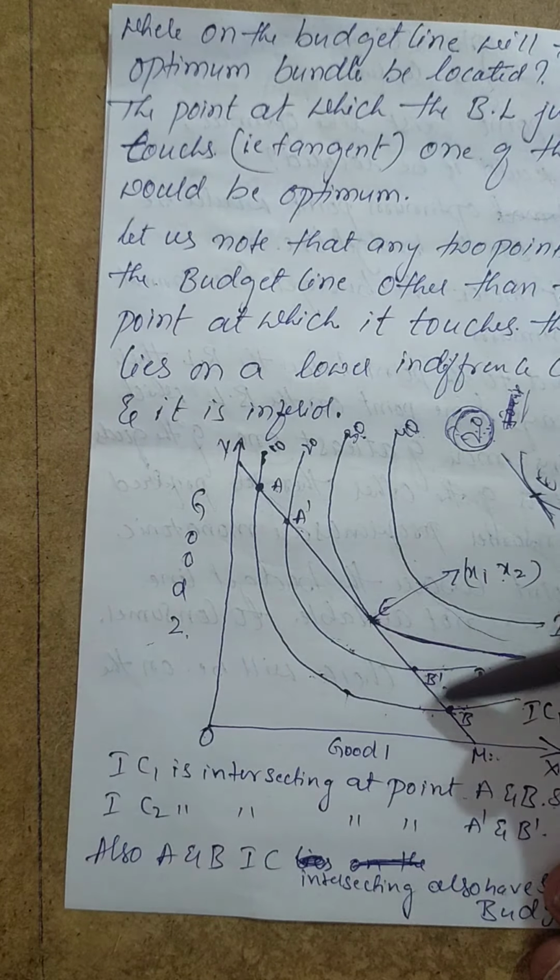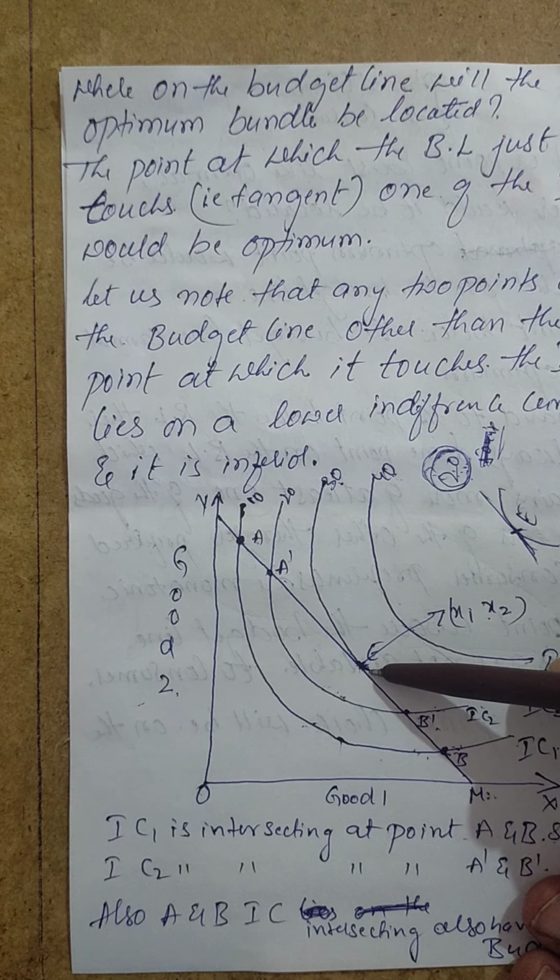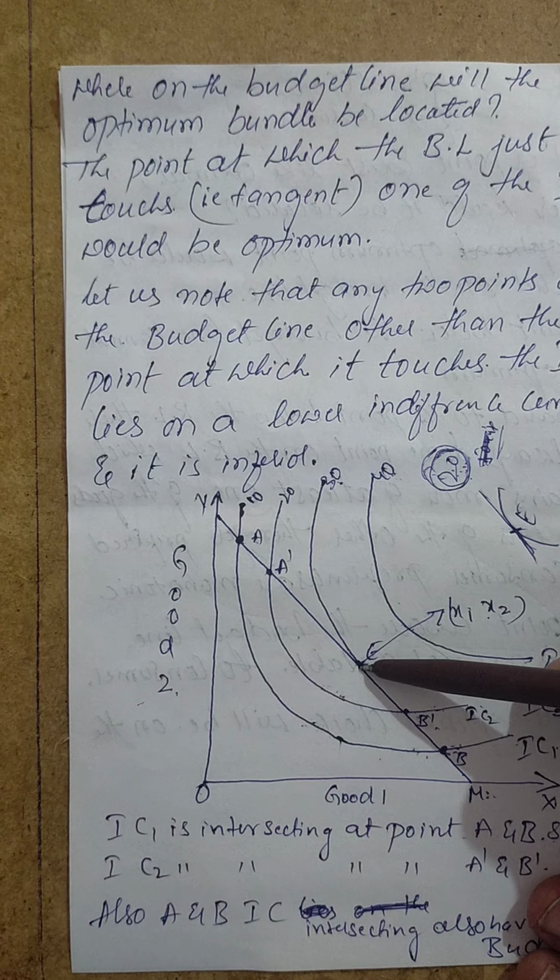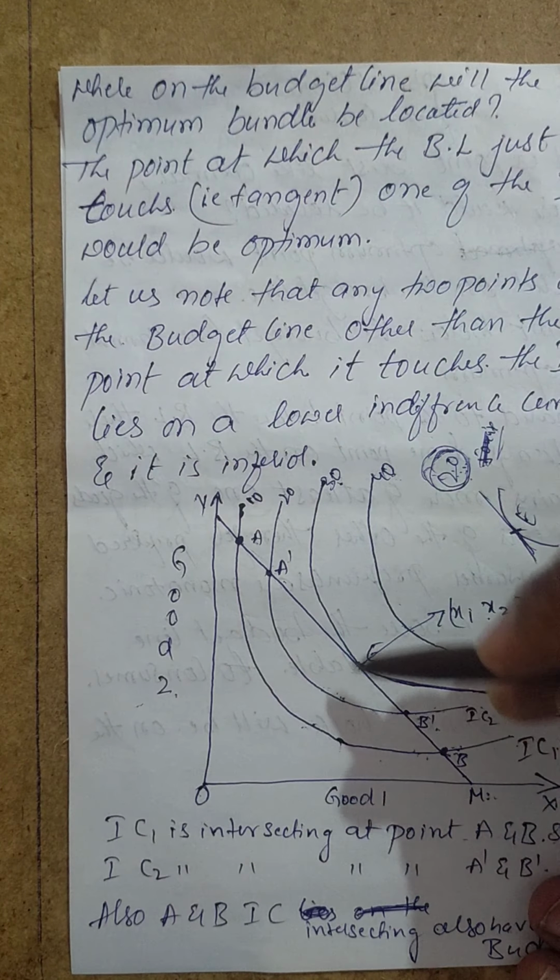See here, at the point of equilibrium, the budget line is 20 rupees, and the indifference curve is also getting the maximum level of satisfaction. So for the amount he is spending he gets the maximum level of satisfaction. That is why we call them both equal.